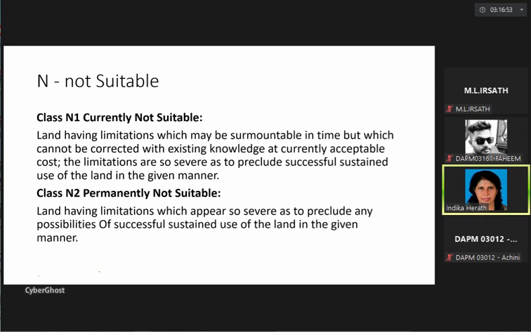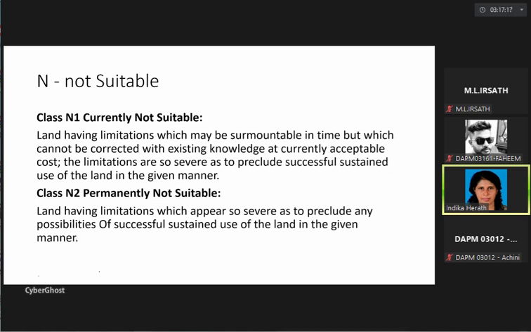So you can't do it in the current situation, but there is a possibility that you can alter it. The best example is if the land does not have enough depth, then this is classified under N1, not suitable.